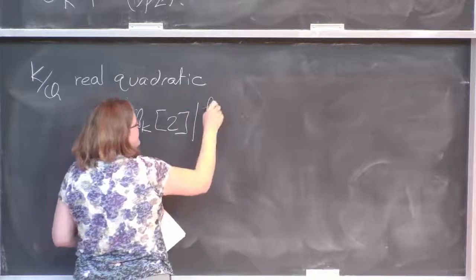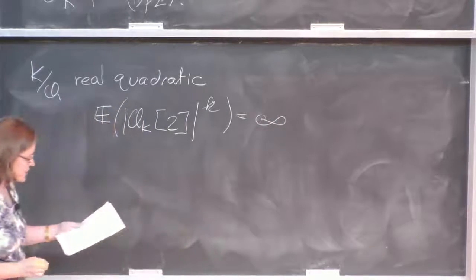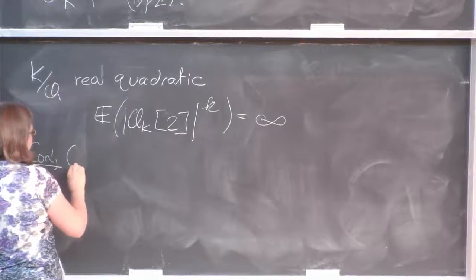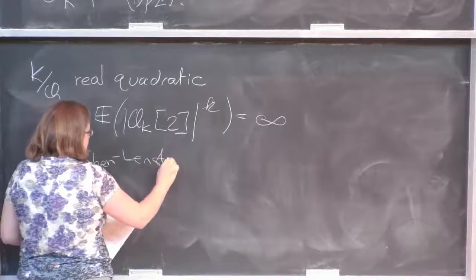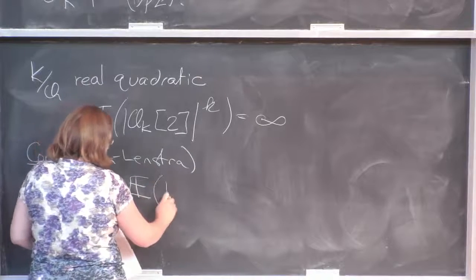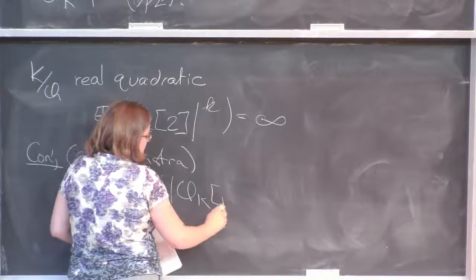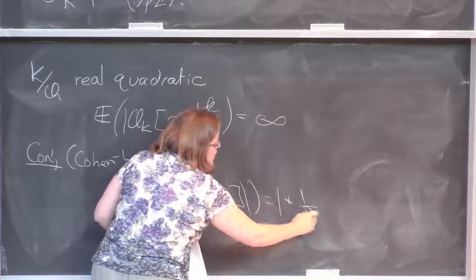So we still have that all of the moments are infinite for the 2-torsion, but here the conjecture of Cohen and Lenstra is that for odd p, this is 1 plus 1 over p.